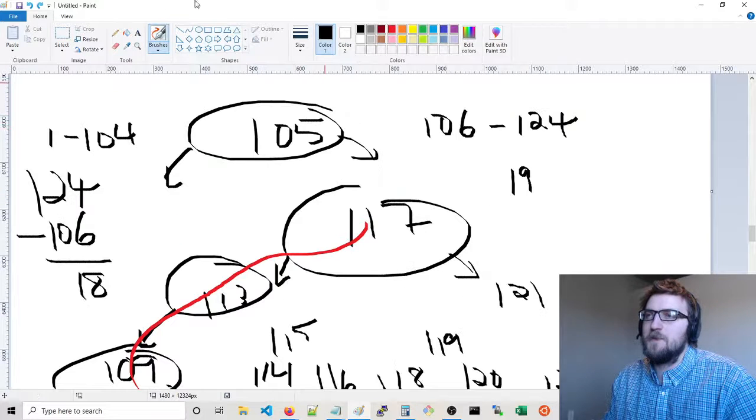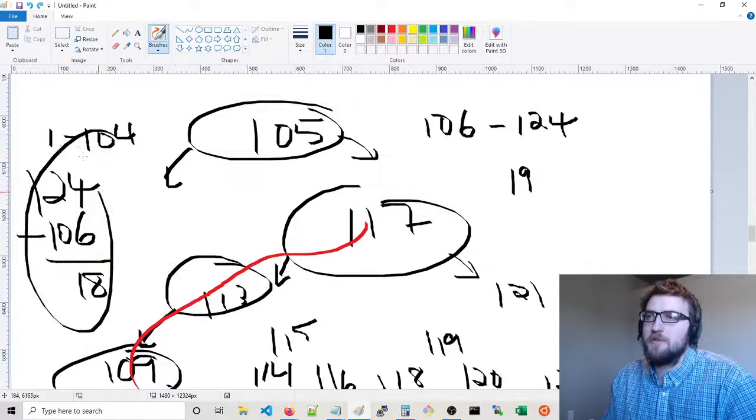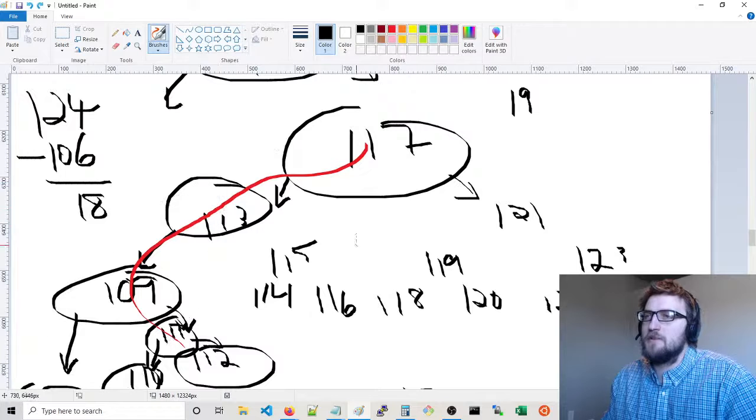You can find a middle ground in between by making this a little bit smaller and making this right side a little bit larger.